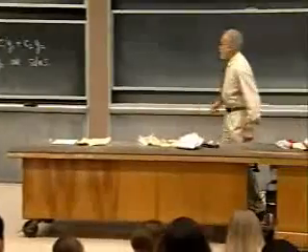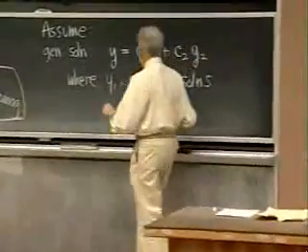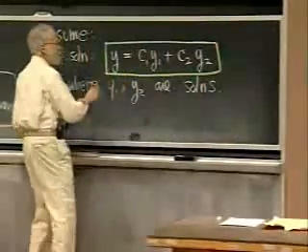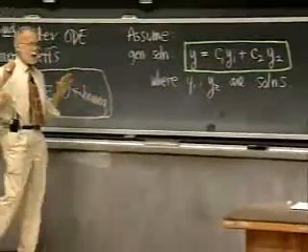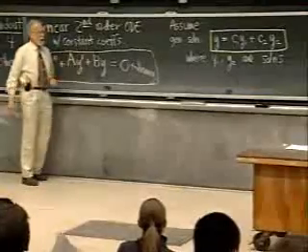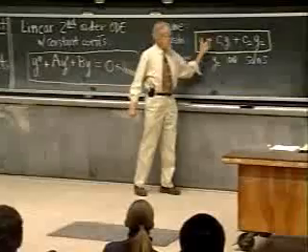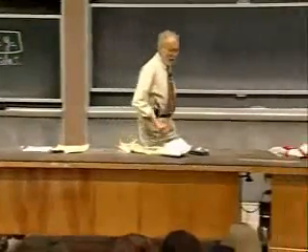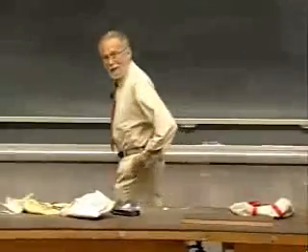Now what that shows you is that the task of solving this equation is reduced, in some sense, to finding just two solutions of it somehow. By hook or crook, all we have to do is find two solutions, and then we'll have solved the equation, because the general solution is made up in this way by multiplying those two solutions by arbitrary constants and adding them. So the problem is, where do we get those solutions from?